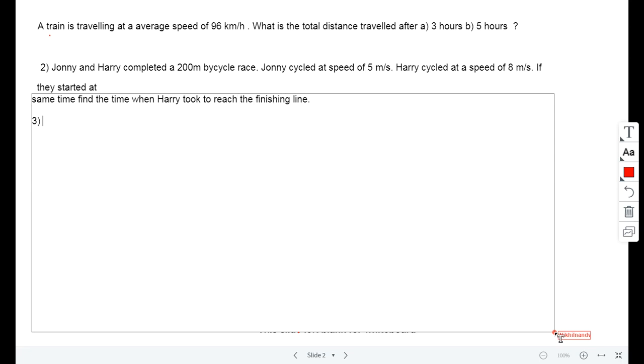The same one, the B. How far was Harry from Johnny when Harry reached the finishing line?